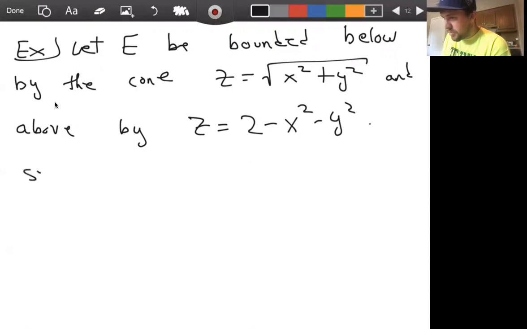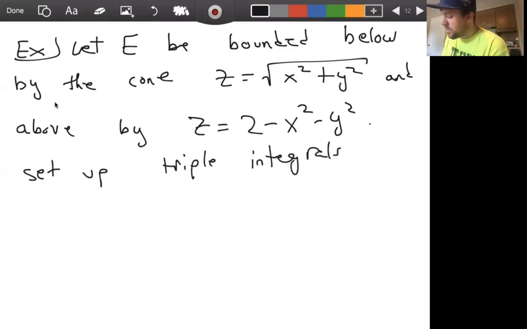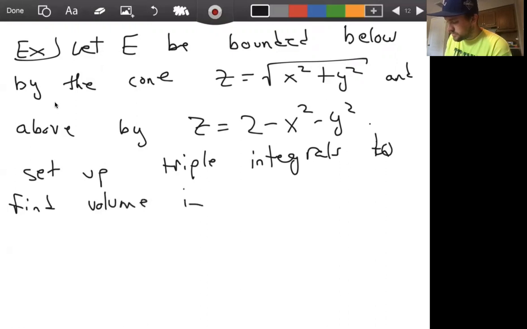Let's set up triple integrals to find volume in the following orders.